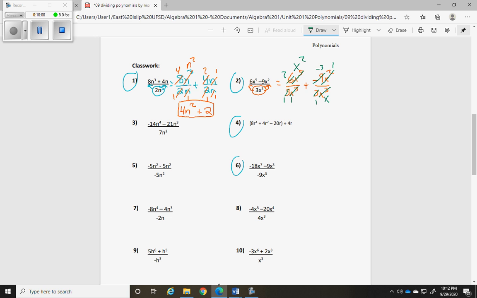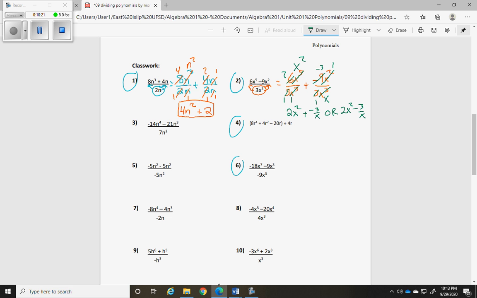So my answer is 2x squared plus negative 3 over x. I'm also allowed to write it as 2x squared minus 3 over x. That says the same thing.